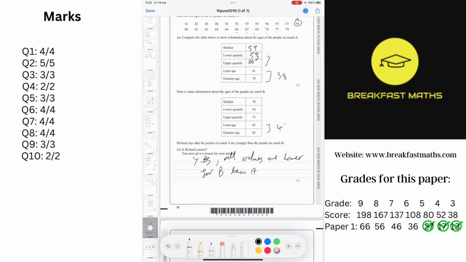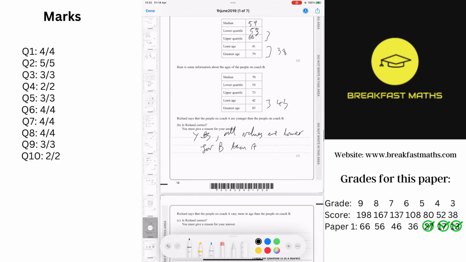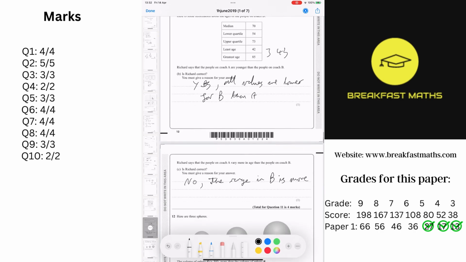So let's just check which one he said. A varies more than B. No, that's not true. So we could say no. You just want to make sure we have a decent statement. The range in B is more than in A.